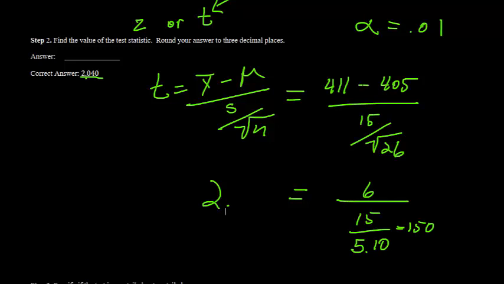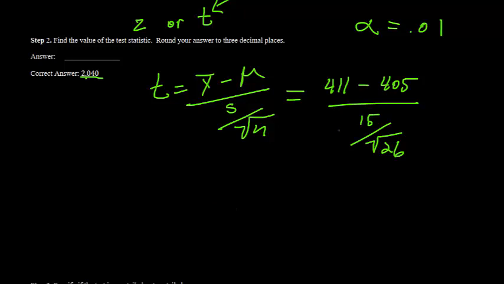Actually, let's just do this again from scratch. Let's erase all of this and build it again. I think you're going to find that we're doing this correctly. So 411 minus 405 is 6 over 15 divided by the square root of 26, which we have done like 10 times.